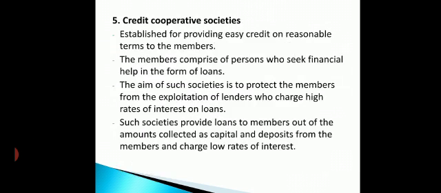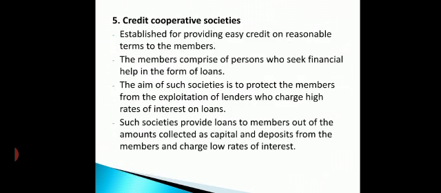The aim of such a society is to protect the members from the exploitation of lenders who charge a high rate of interest on loans, as I have said earlier. Such societies provide loans to members out of the amounts collected as capital and deposits from the members, and charge a low rate of interest. So how does the society run?